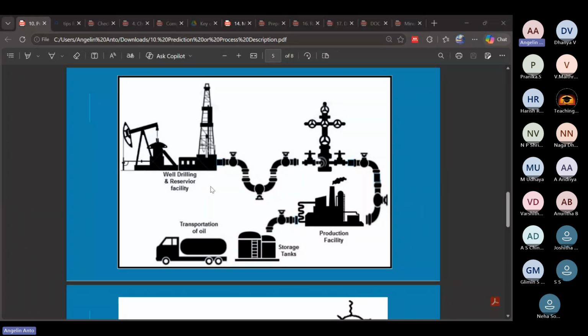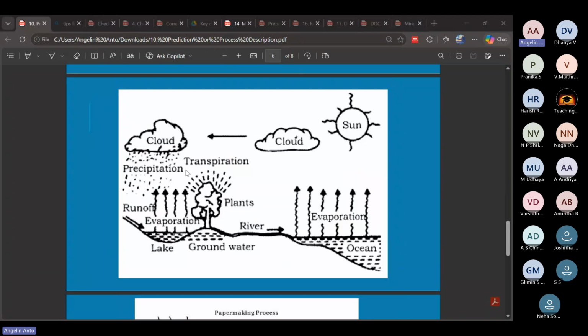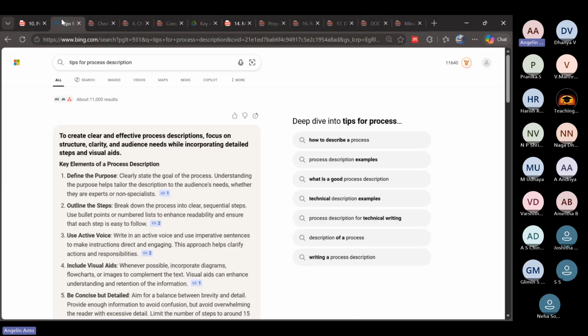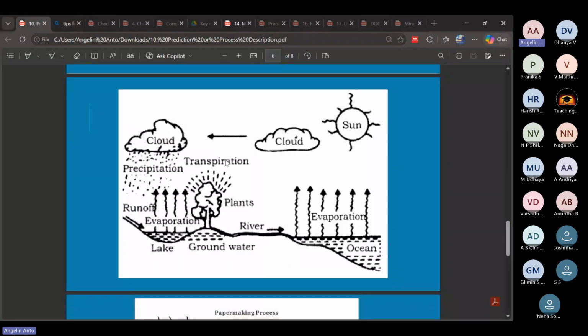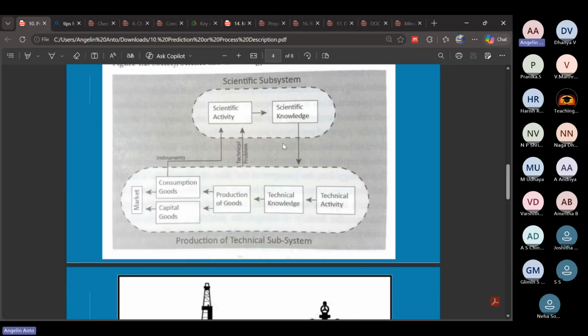And make it as detailed as possible. So if you look here, I'm sure all of us know this cycle. In English, you'll be asked to describe the entire process in maybe 200 to 300 words, I'm not sure. If it's something like this, which we know, you can add extra information, but here it's very vague, or maybe even this is very vague.